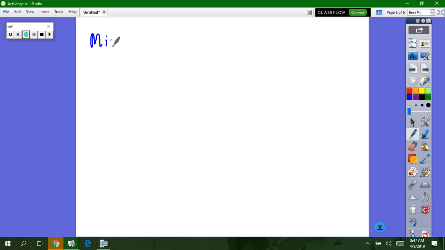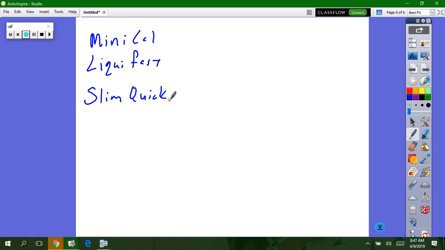Mini-cal, liquid fat, and Slim Quick. Okay. For the experiment, it's important that the subject consumes exactly 500 potassium.